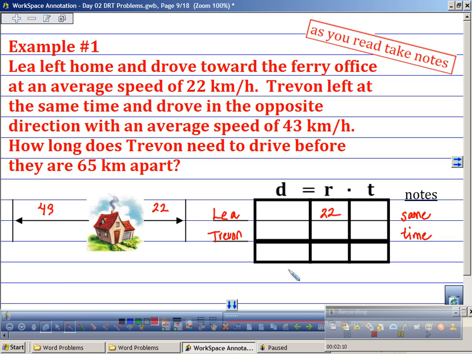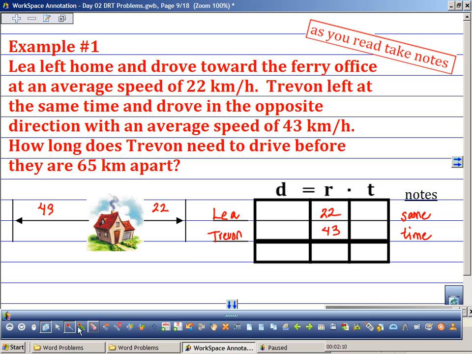So he went in the opposite direction with an average speed of 43 kilometers per hour. So where do you think I'm going to put 43? Underneath the rate. How long, okay, there's a key. When it asks you how long, that's a question right there. How long means what? Distance, time, or rate? Time.